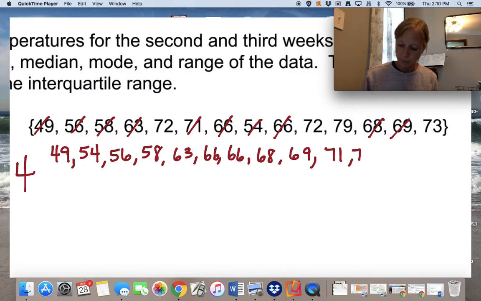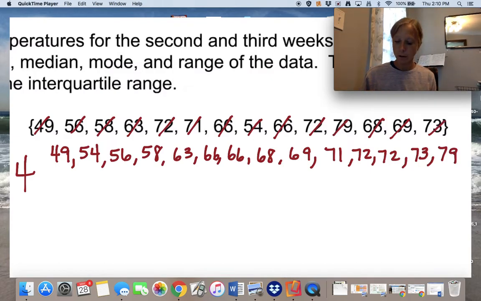There are 2 72s, 73, and 79. Looks like I got all of them.